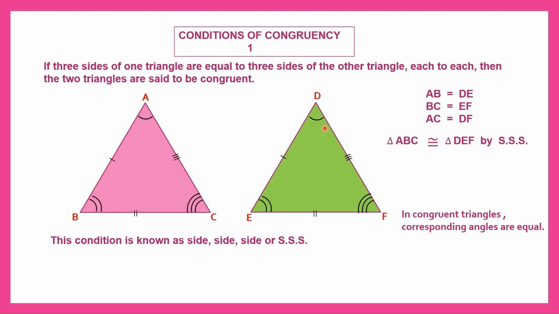Angle A is equal to angle D, angle B is equal to angle E, and angle C is equal to angle F. So this is the first condition of congruency.